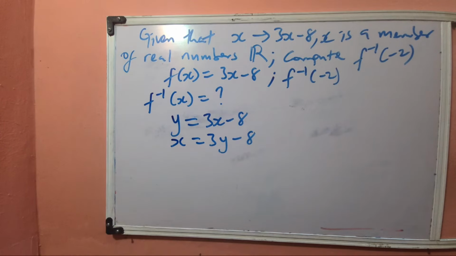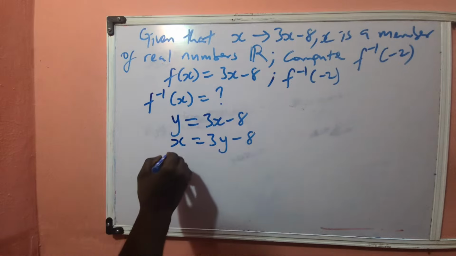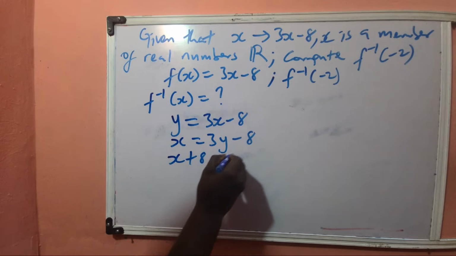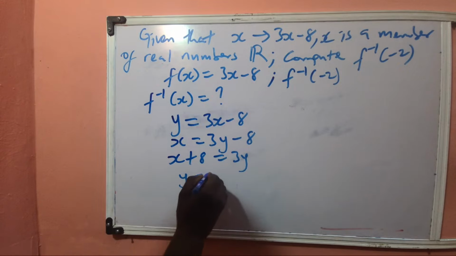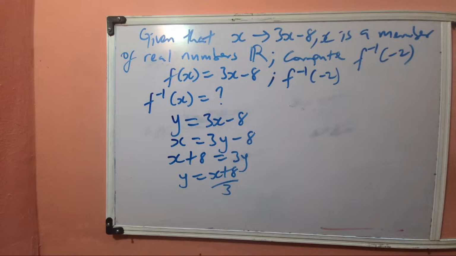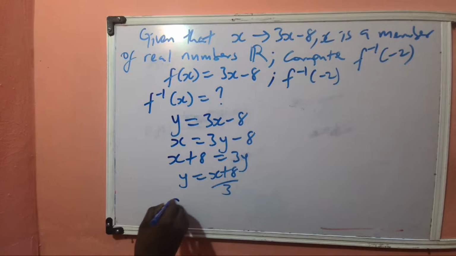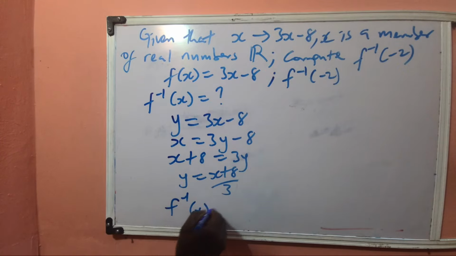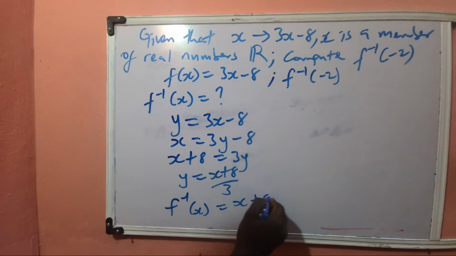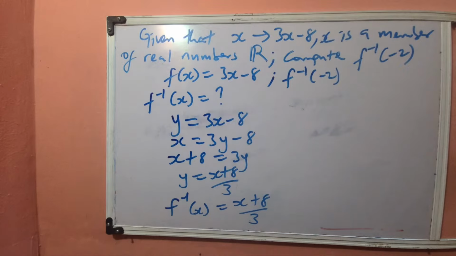All right, that's step number 2. Step number 3, we have to make y the subject of formula. To do that, I want to cross my 8 to the other side. Then I have y equals x plus 8 over 3. Good. And then the last step, which is the 4th step, is for me to change my y now to f inverse of x. I think I taught you guys well, right? So I don't think it should be a problem for anybody right here.